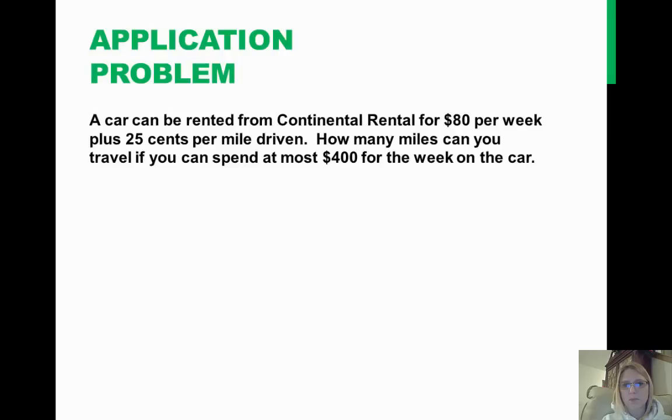Okay, so on this last problem, we can rent a car from Continental Rental for $80 per week plus 25 cents a mile. So we know that we're going to start with 80 and we're going to add 0.25 a mile. How many miles can you travel if you can spend at most $400? So we have to be less than or equal to $400. So we have our equation set up here.